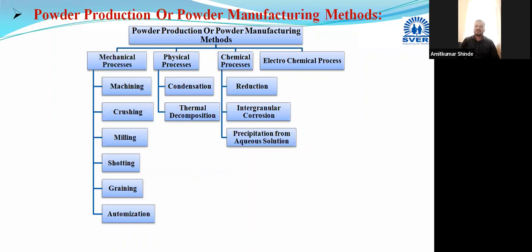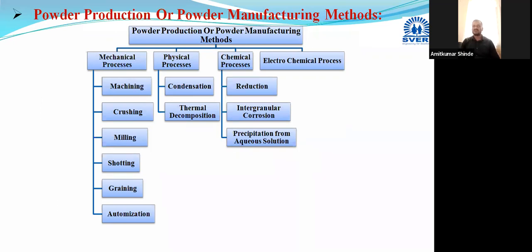Then the raw material is collected in the form of a rod, bar, or plate, and a simple machining operation is conducted on it. Initially the powders are obtained in the form of filings, chips, or turnings.